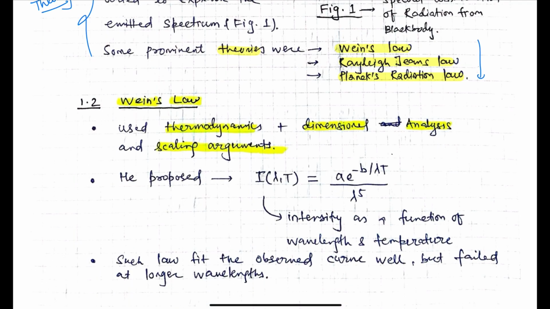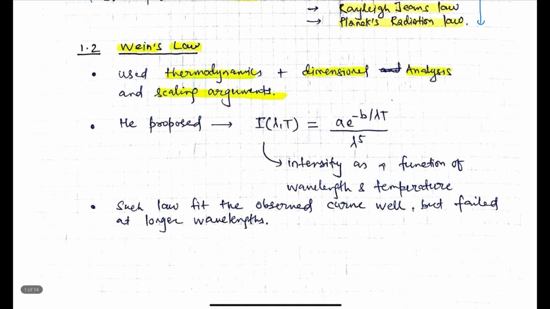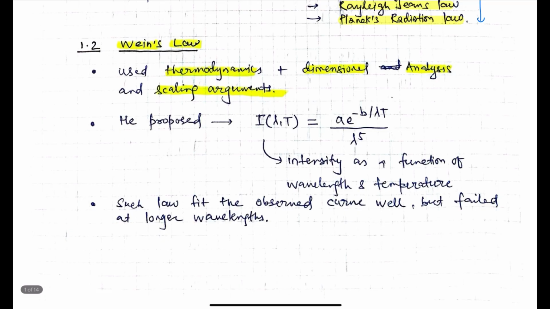So we are studying something new, and at the same time we are also solving the associated PYQ with this topic. So what is Wien's law? While devising this particular law, the theorist used thermodynamics, dimensional analysis, and some scaling arguments. Scaling arguments mean using the constants.